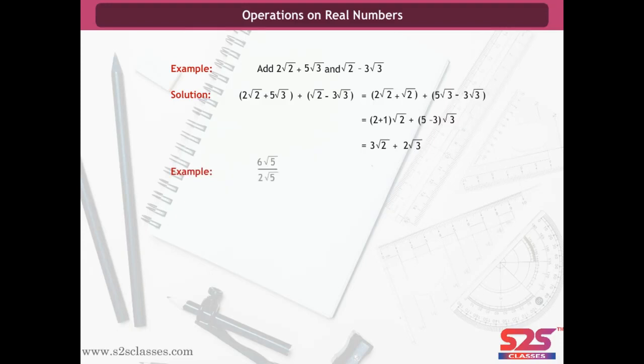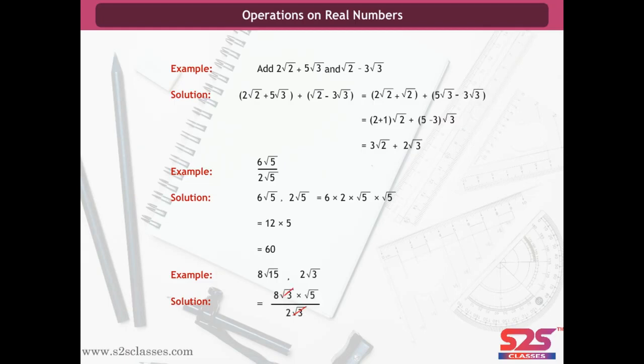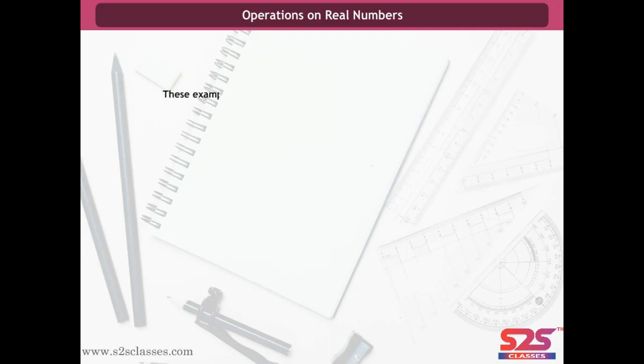Similarly, by solving 6 root 5 by 2 root 5, we get 60. And again by solving 8 root 15 divided by 2 root 3, we get 4 root 5. Now these examples may lead you to expect the following facts, which are true.